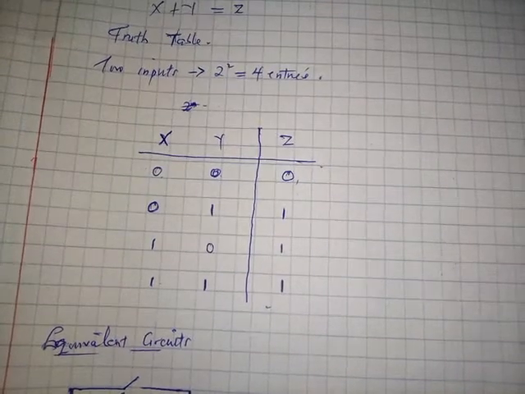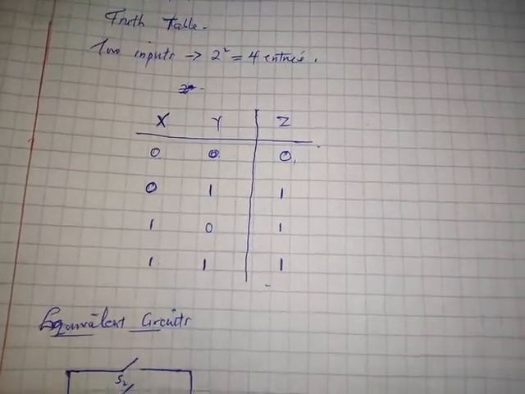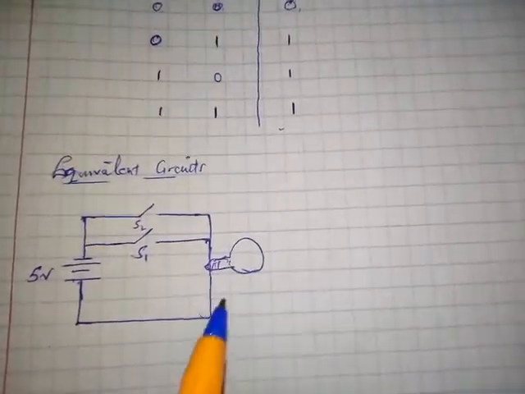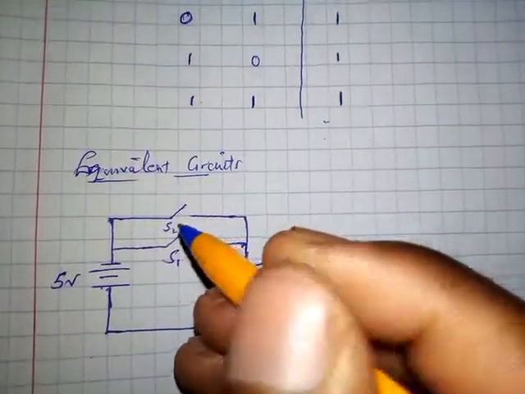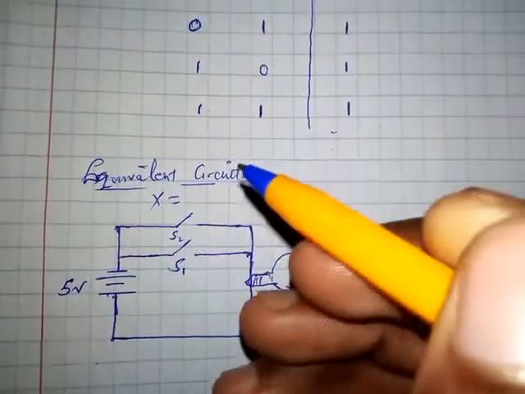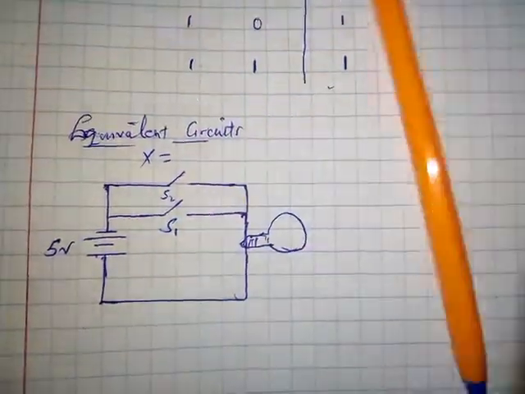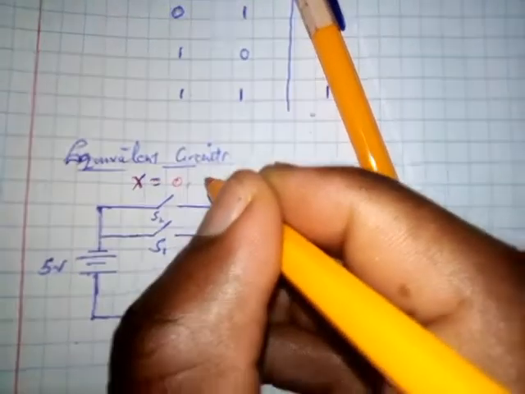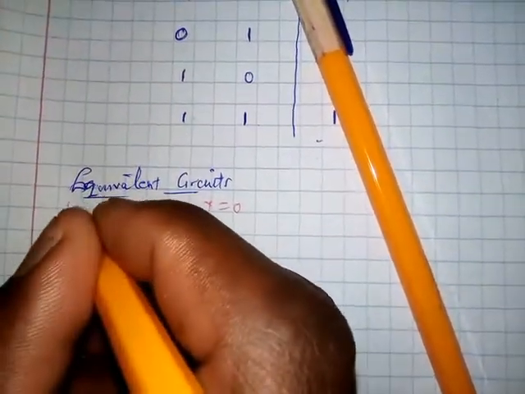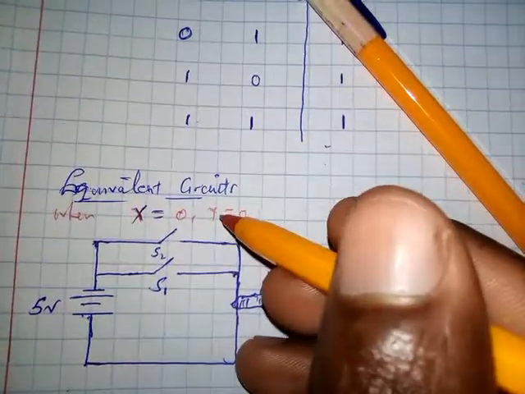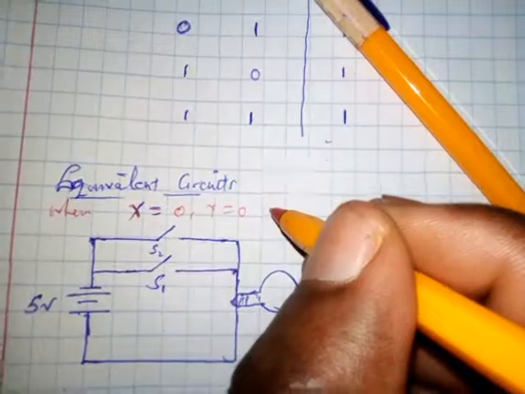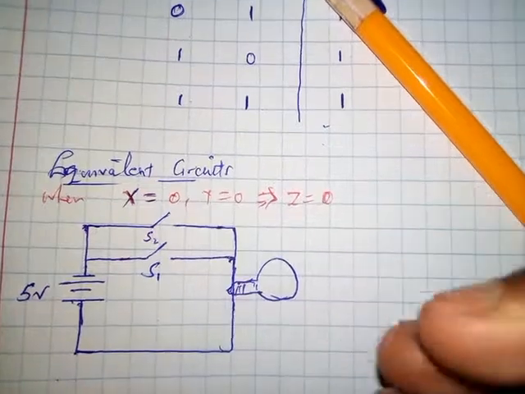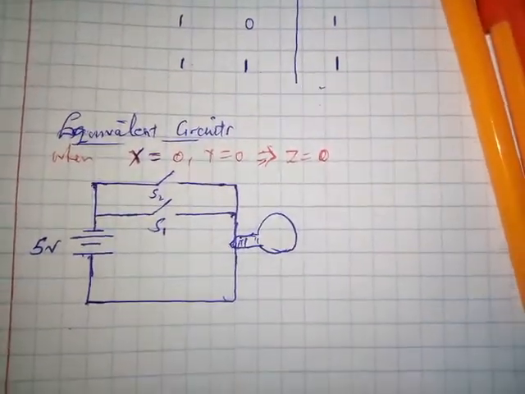Here is switch 1, switch 2, and here is a bulb. So that's when X is equal to 0, Y is equal to 0, therefore we can imply Z is equal to 0. There's no light, as you can see.